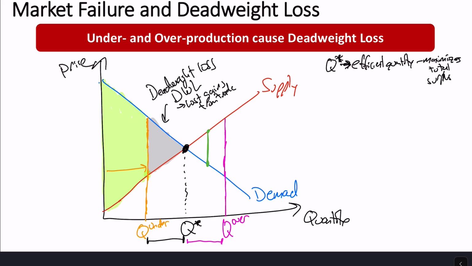And so we would have deadweight loss then for all these units when we would overproduce, that gray triangle. And so this is deadweight loss from overproduction. That triangle. The triangle over here, this is deadweight loss from underproduction. And just like this deadweight loss came from lost gains from trade, these are not lost gains from trade.